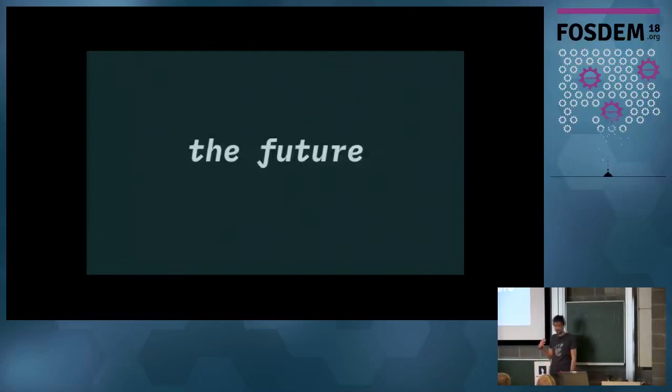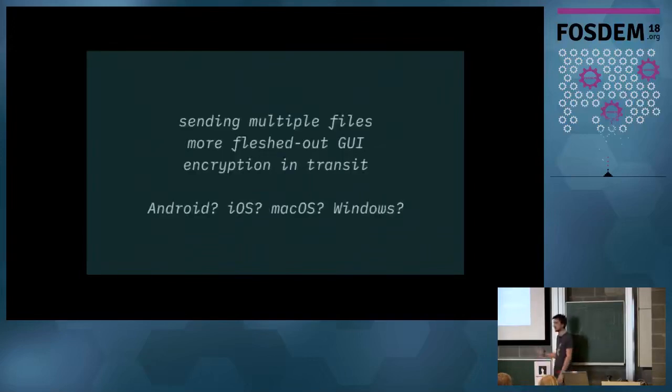But since for now we only created a really basic version of Teleport, we obviously have plans for the future, like most people, I think, have plans for their projects. We are thinking about sending multiple files, but that's not essential to be able to use the app.